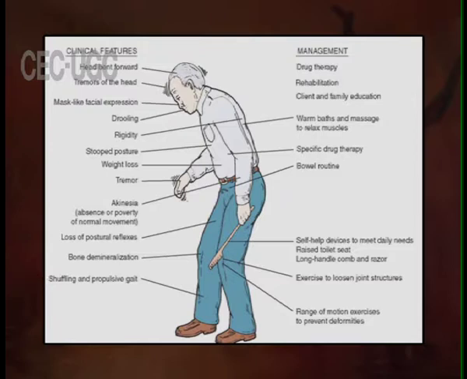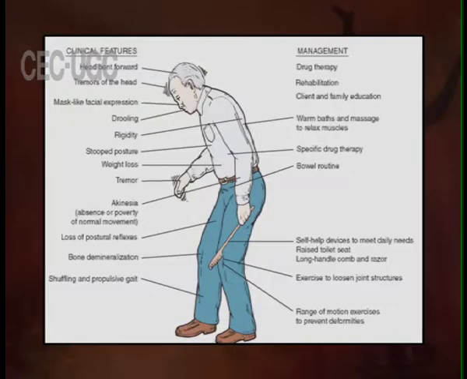On the right side, the management techniques are drug therapy, rehabilitation, and client and family education. It is the caretakers who may undergo certain problems because of the regular care that they have to take, which may be overburdening. Many a time it may be overburdening.